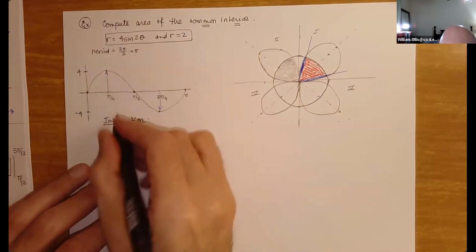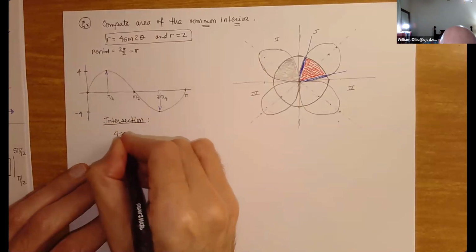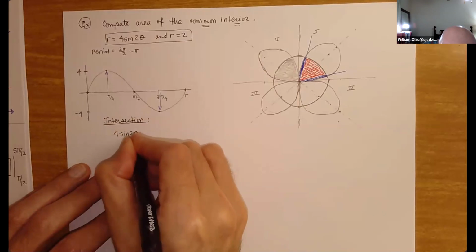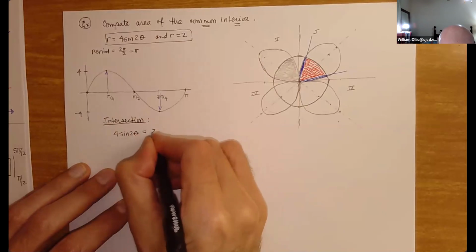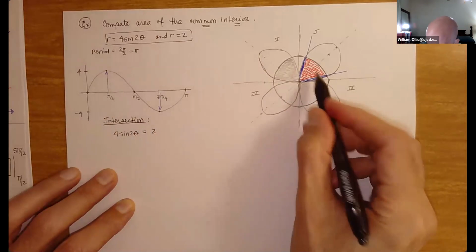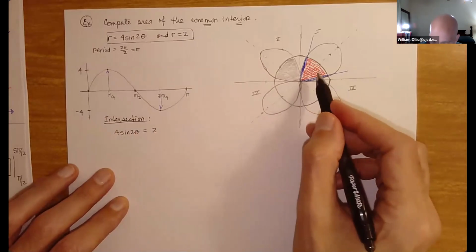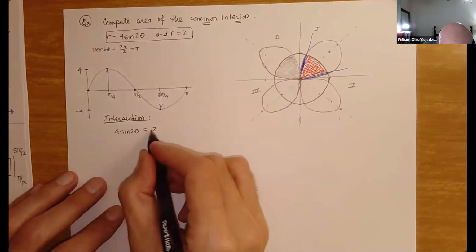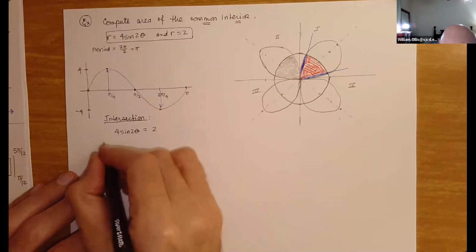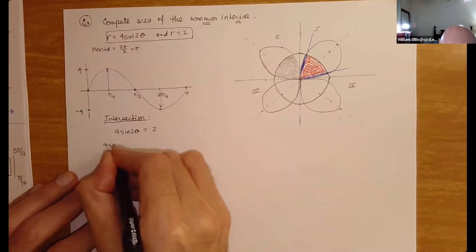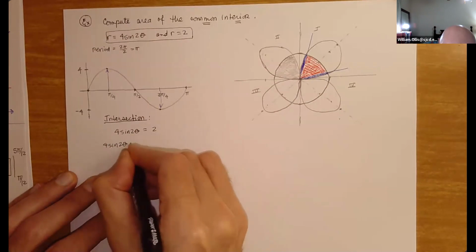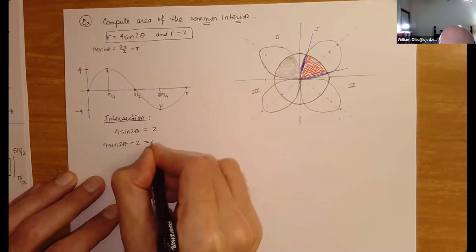Let's set these equal. So we have 4 sine 2 theta equals 2. And of course, these don't intersect at the pole, so we don't have to worry about crazy algebra ensuing. Now, if you like, we can factor this. So this will be 4 sine 2 theta minus 2 equals 0.